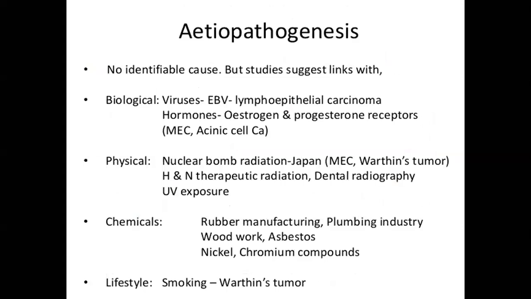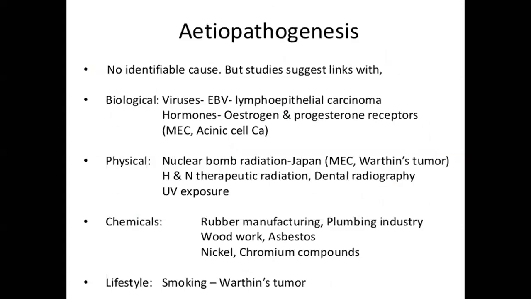Now, the etiology is not identified. Biologically, salivary gland tumors may be caused by viruses such as the Epstein-Barr virus, lymphoepithelial carcinomas, and hormones such as estrogen and progesterone receptors, as in acinar cell carcinomas. The physical agents causing tumors are irradiation, neutron radiation, dental radiography, and ultraviolet exposure.